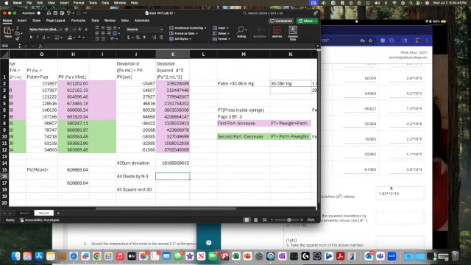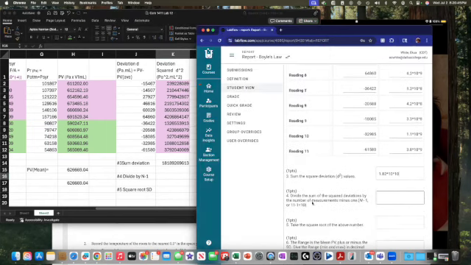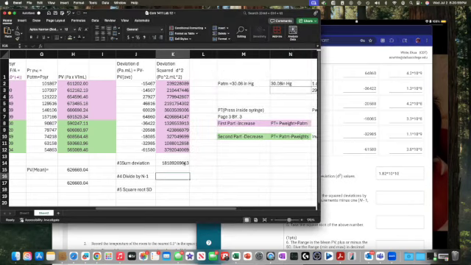Okay, so the next one says here, now I wrote this out earlier, divide the sum of the square deviation, that's this one here, by the number of measurements minus 1. So we had 11 measurements, right? Minus 1 will be 10. So take this number here, I'll type equal, this, and then divide is this sign here, and then put 10.